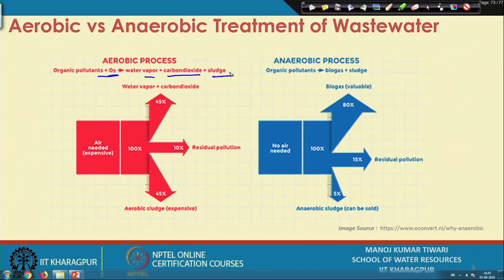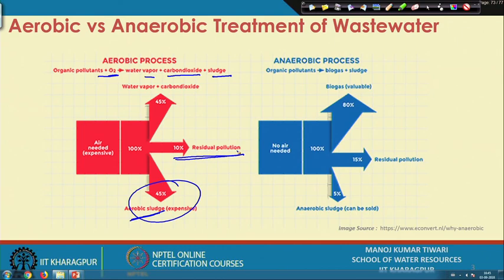A significant portion, about 45%, although this number varies, goes to sludge formation in aerobic systems. There is also some organic matter or BOD that goes with the residual pollution.